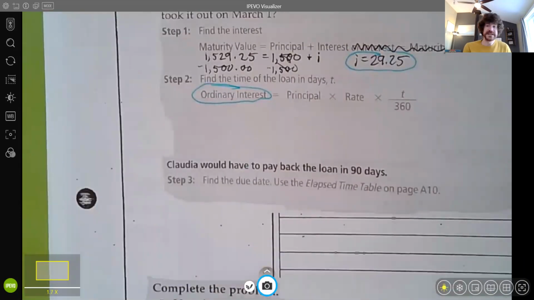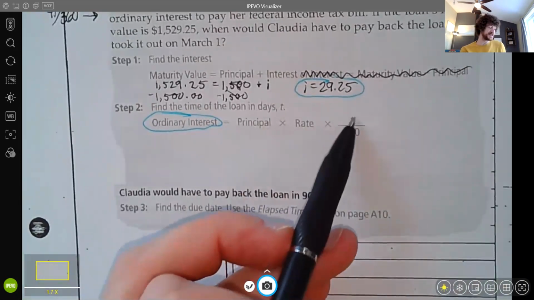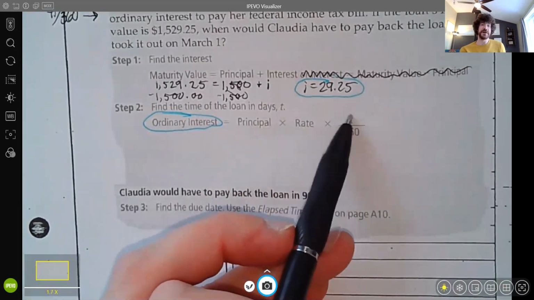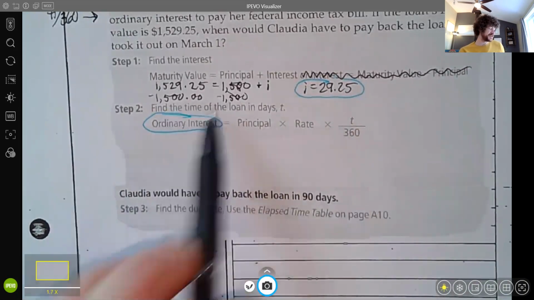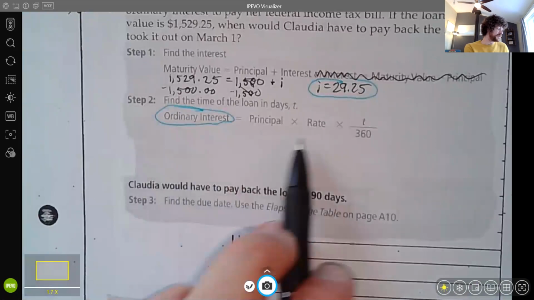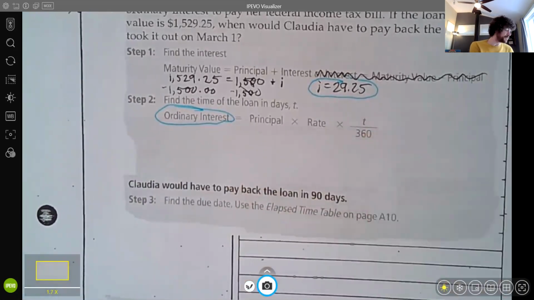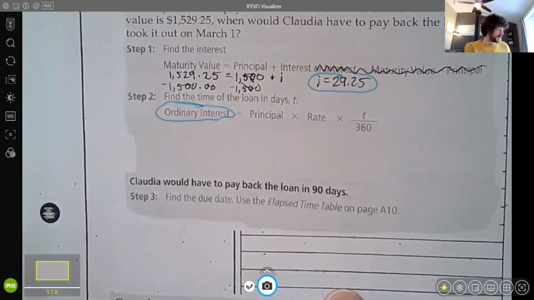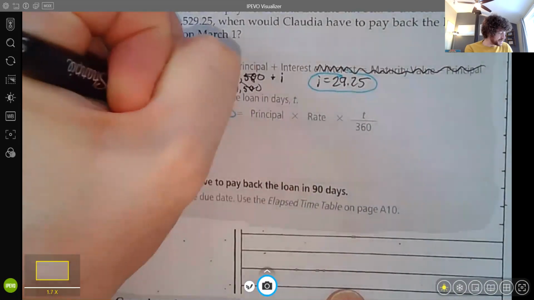And so our second thing that we have to do is a two-step process, because in order to get the number of days that she took the loan out for, we had to get the amount of interest first, which is a pretty simple thing, just straight subtraction. But now we have to use the ordinary interest formula to solve for T. So let's go ahead and figure that out. Ordinary interest was $29.25.